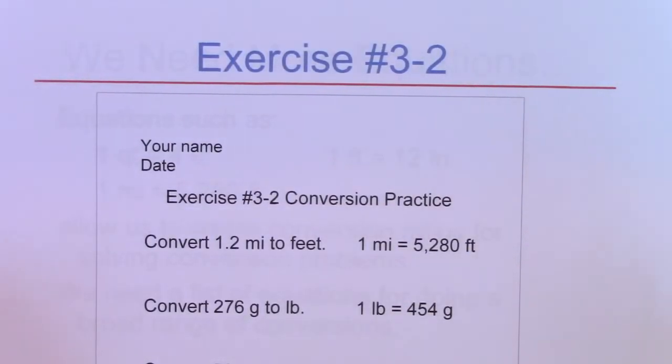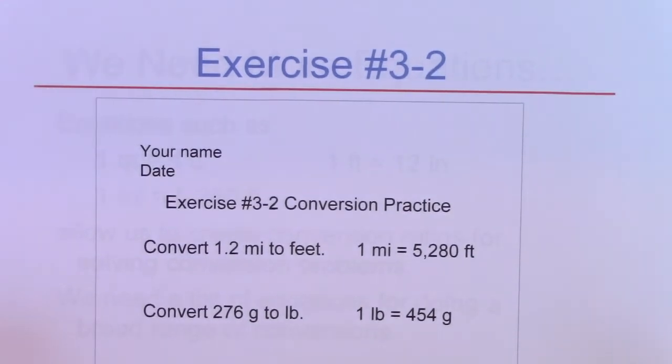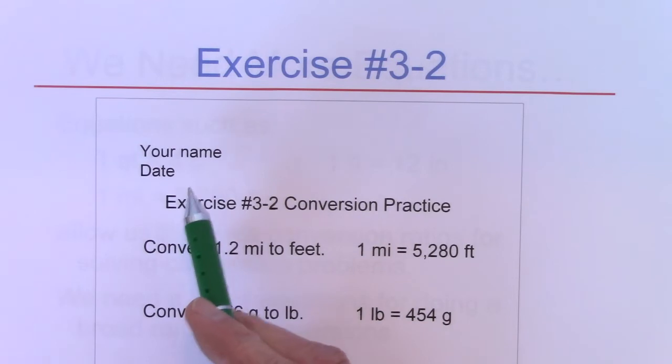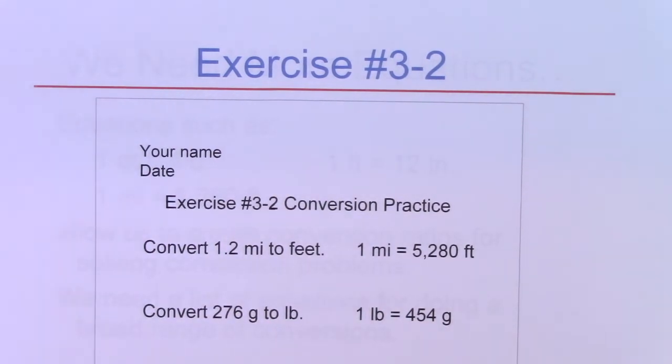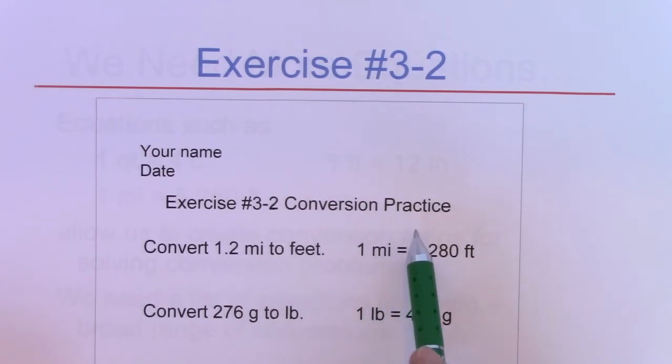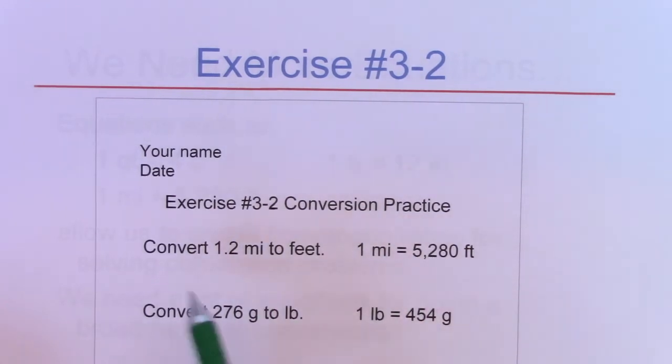Okay, let's take out a brand new sheet of paper now, and I'd like you to put your name and date in the upper left-hand corner. And I'd like you to write this for the title, and then I'd like you to write convert 1.2 miles to feet, and this over here, basically reproduce what we have here. And then I'd like you to go ahead and do those conversions the way I did them earlier.